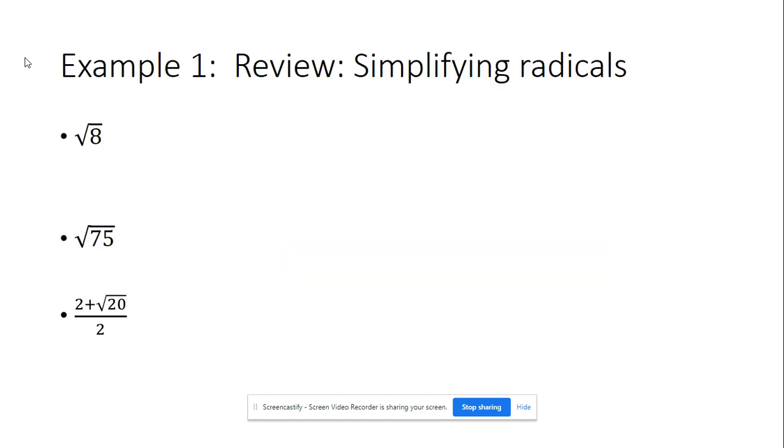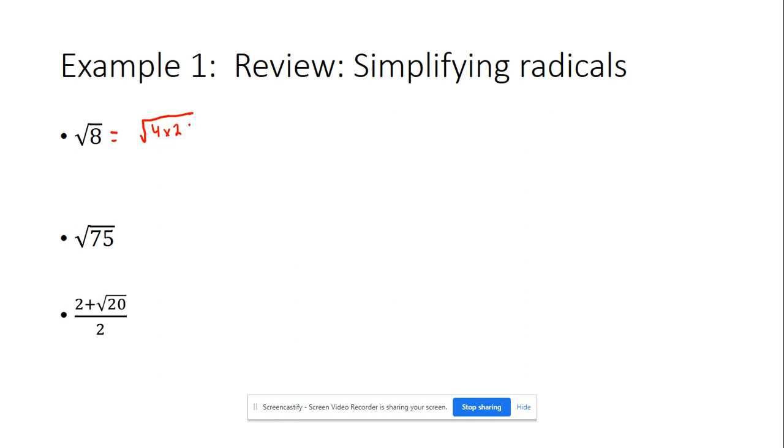First, we're going to get into a bit of review. From Math 10, we had a unit called radicals, or roots and powers, where we had to simplify radicals. So the square root of 8 can be simplified. The way we do that is that 8 is equal to 4 times 2.